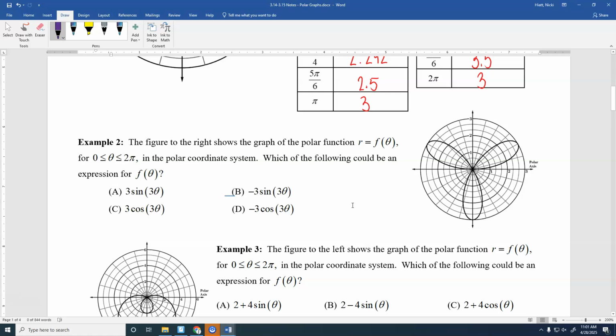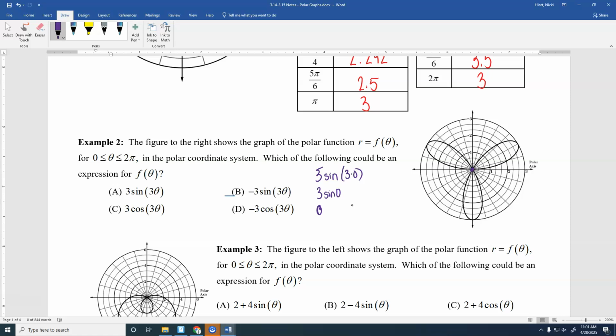So, for example, if I plug in 0, 3 sine of 3 times 0 is going to be 3 sine of 0, and sine of 0 is 0. So I would just get 0 for that. I'm going to have the point 0, 0 for that graph. Will I get 0, 0 if it's a cosine?